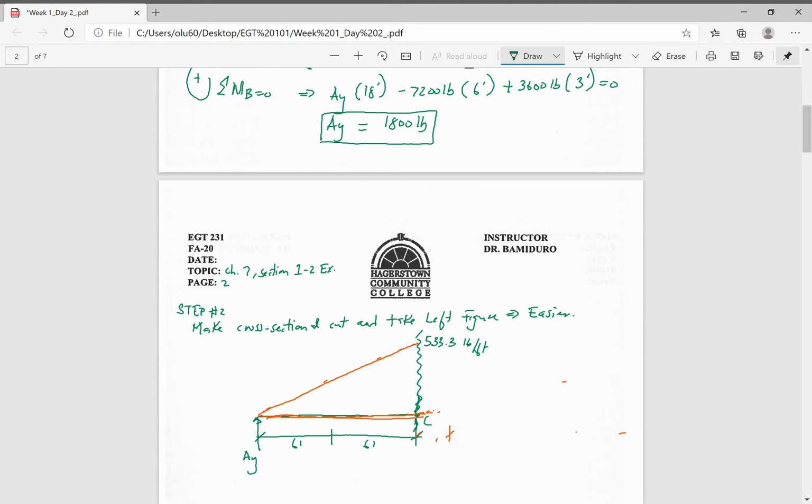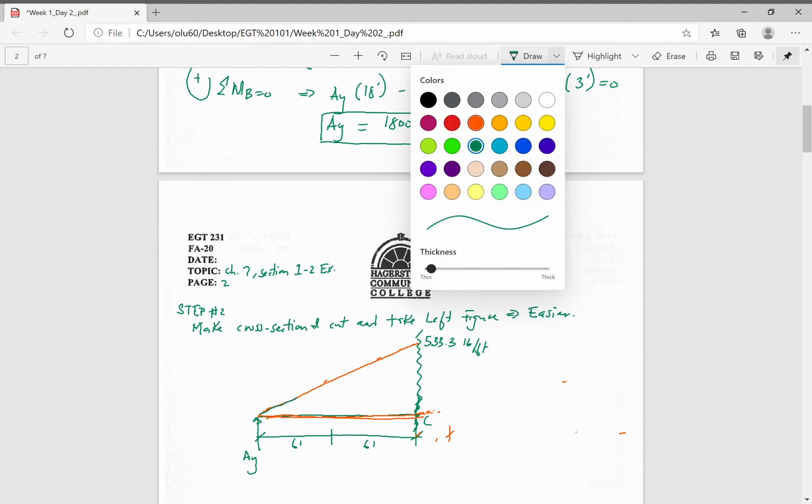So we found that height. Now we have to find the resultant force of this load distribution. This load distribution is triangular, so you find your resultant force at 2/3 from the apex, 1/3 from the base.